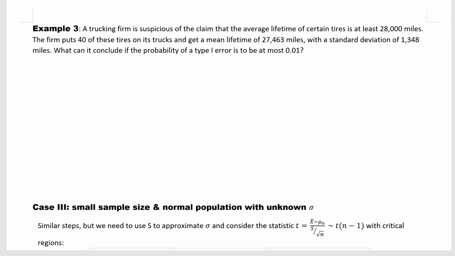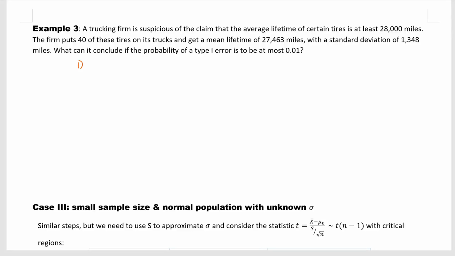The firm put 40 of these tires on this truck and got a mean life of 27,463 miles, with a standard deviation of 1,348 miles. What can it conclude if the probability of a type 1 error is to be at most 0.01? So follow the 5 steps. If you don't want to write out the steps, it's okay, but at least number the steps.